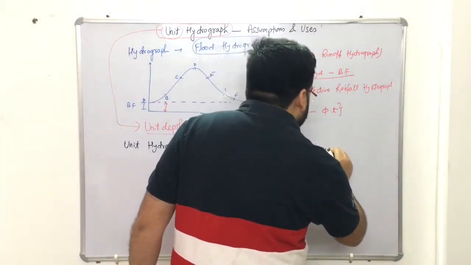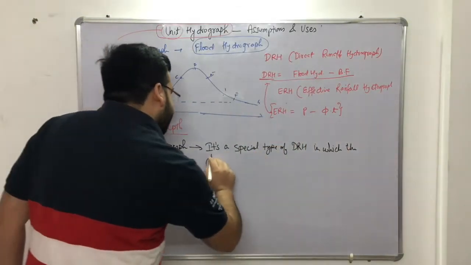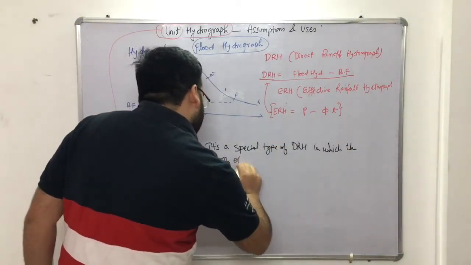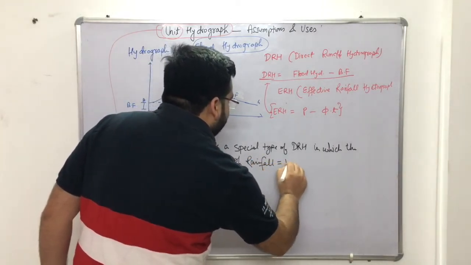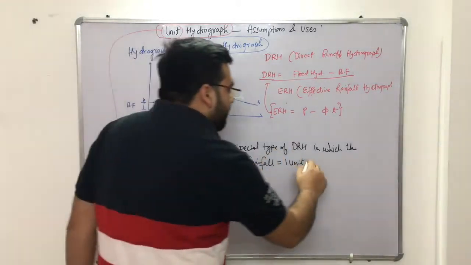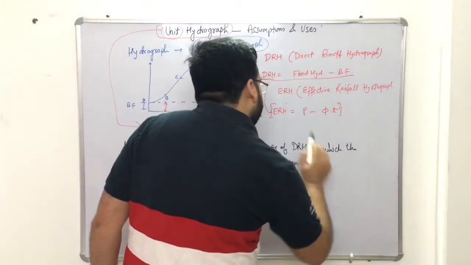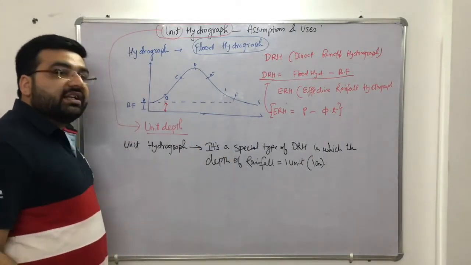In which the depth of rainfall is 1 unit. Generally it is 1 centimeter, it can be 1 mm also, but generally 1 centimeter. In most of the questions that come in examinations, most of the time it is 1 centimeter.